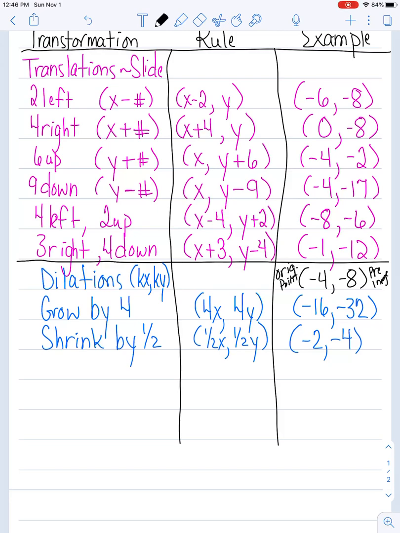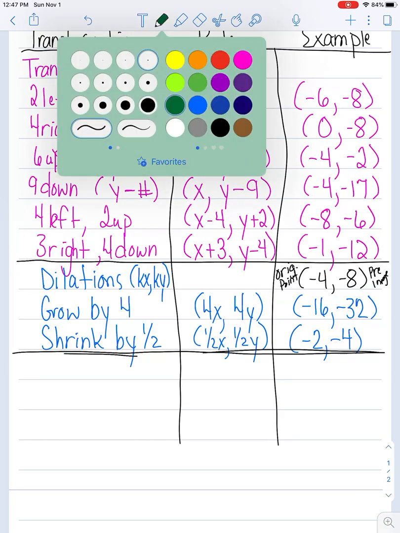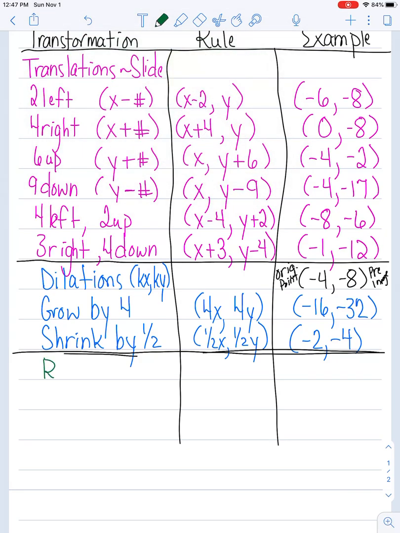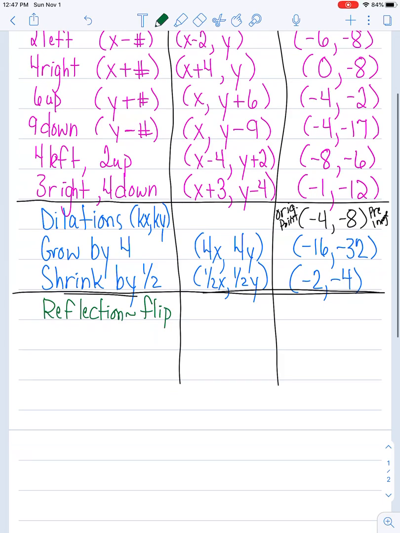So we've done translations, we've looked at dilations. Now let's take a look at reflections. And I'm going to use green for this one. Remember, a reflection is also called a flip. Now these rules never change. You don't have to put numbers in there.